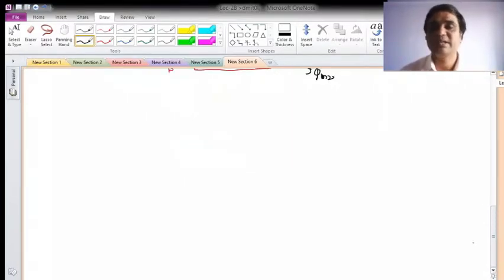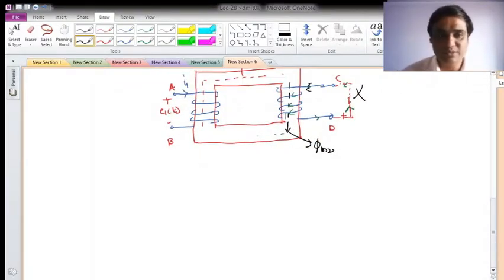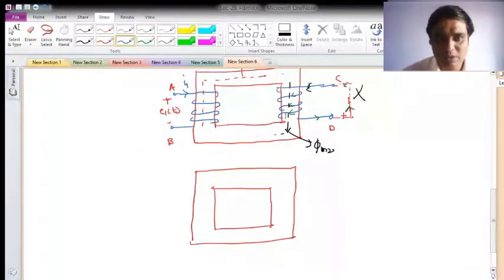So whatever polarity I have assumed, this will not be correct. Now let us take C positive and D negative. In order to do that, let me again redraw the magnetic core. See, this way the wire is wound like this with the sense of winding.